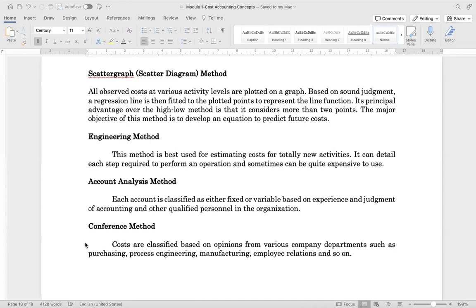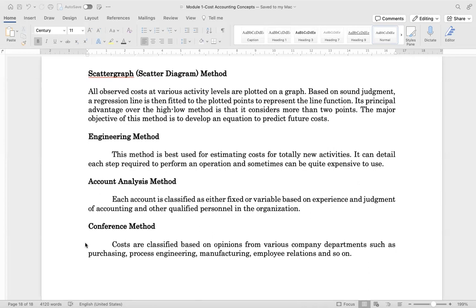Engineering method. This method is best used for estimating costs for totally new activities. It can detail each step required to perform an operation and sometimes can be quite expensive to use. Account analysis method. Each account is classified as either fixed or variable based on experience and judgment of accounting and other qualified personnel in the organization. And last, the conference method.